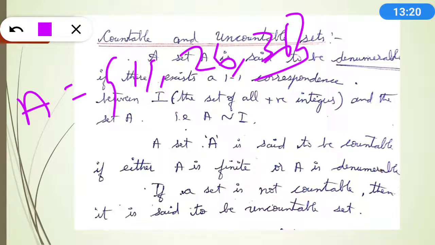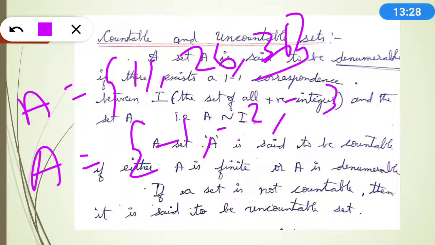It may be an infinite set, but it is a denumerable set. I can count: the first value is -1, the second value is -2, the third value is -3. Since I am able to count the values, I can assign an integer value to each element in my A. This A is also what? Countable set. I hope you understand.